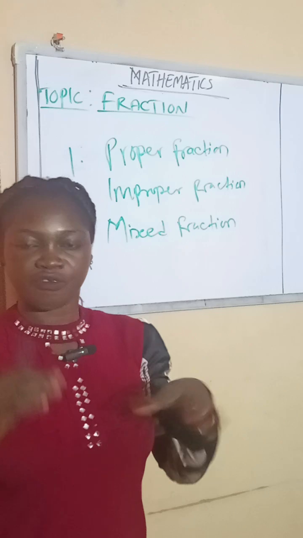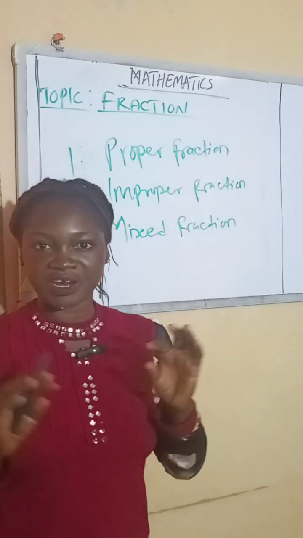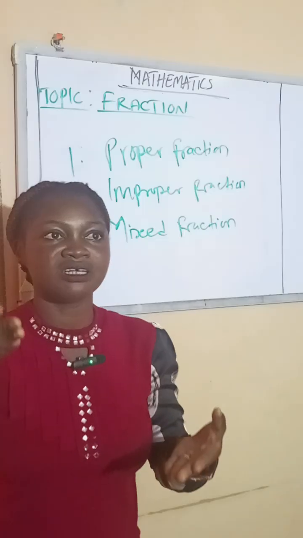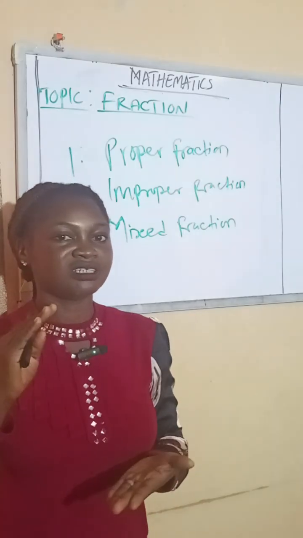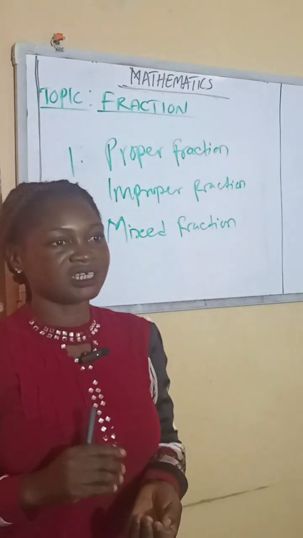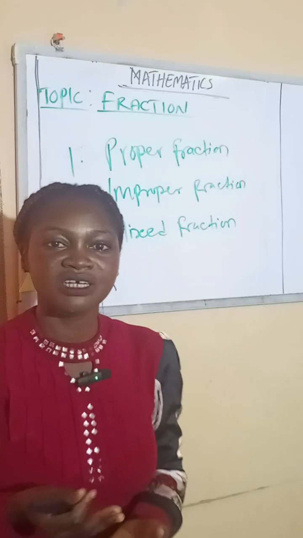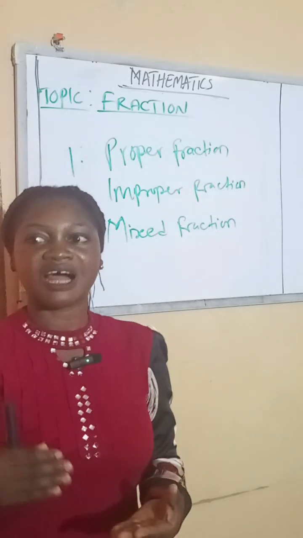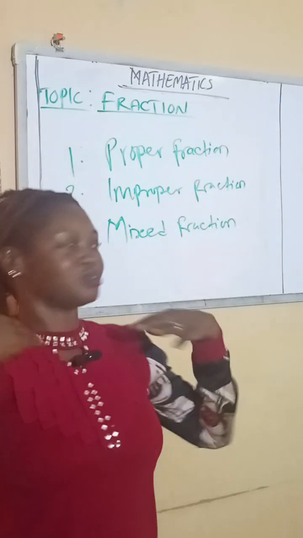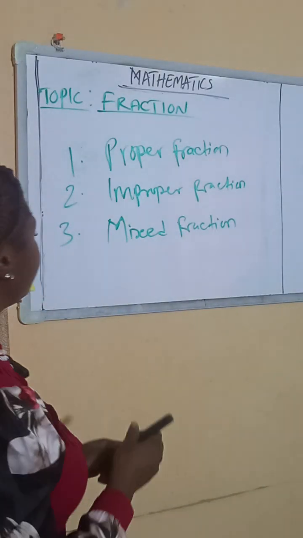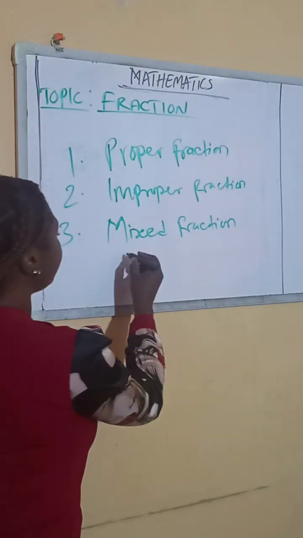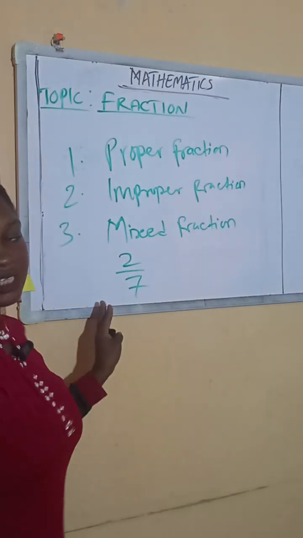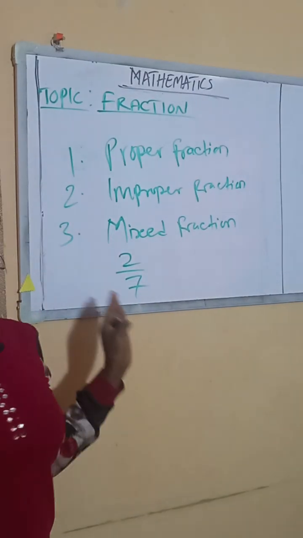Now, to identify a proper fraction, the top number is always lesser than the bottom number. That is, the numerator is smaller than the denominator. It is like an adult carrying a child. When you look at the board, you have a number like 2 over 7, for instance. 2 over 7, this is a proper fraction.